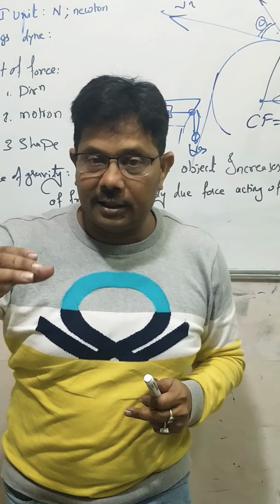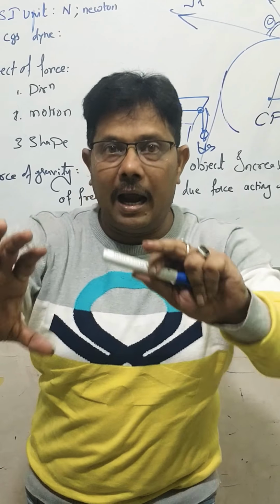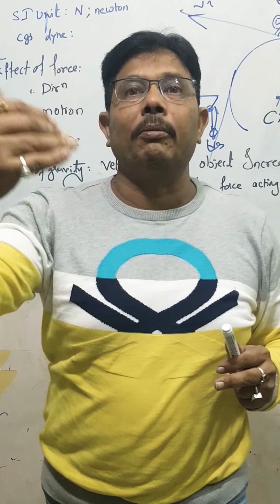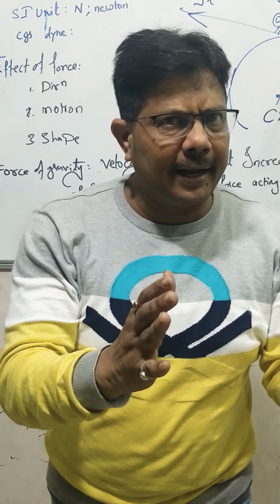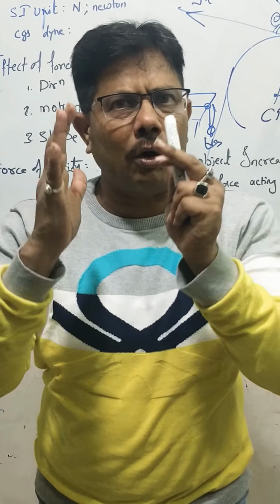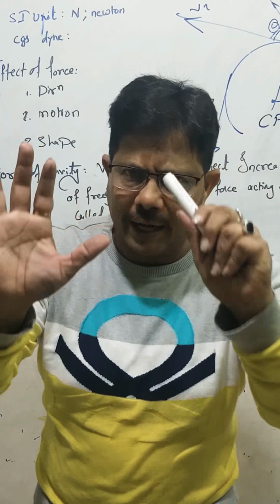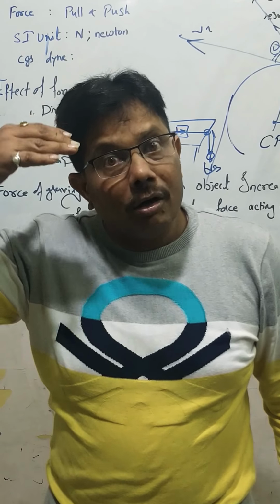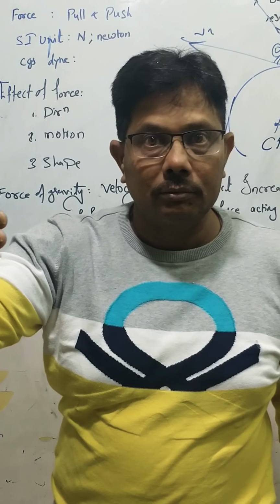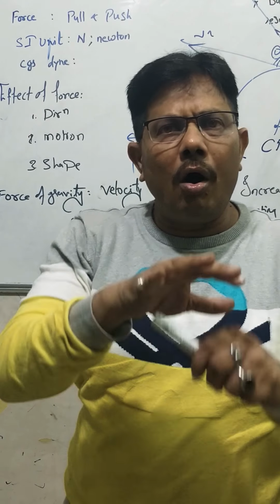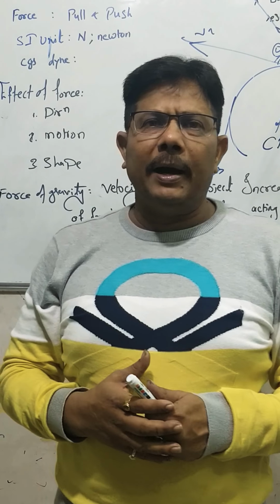If an object is kept here and you are applying force, it will change its position. So you can say it will be in motion. If an object is at rest, you can bring it in motion due to force. If an object is in motion, you can stop it due to force.